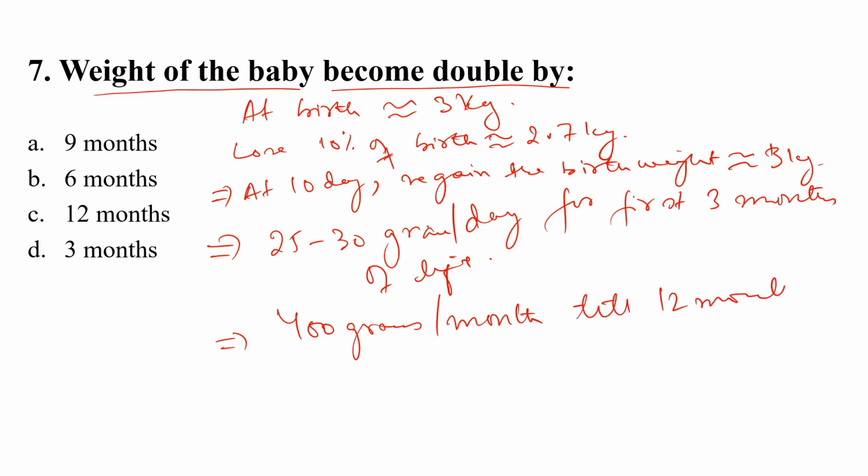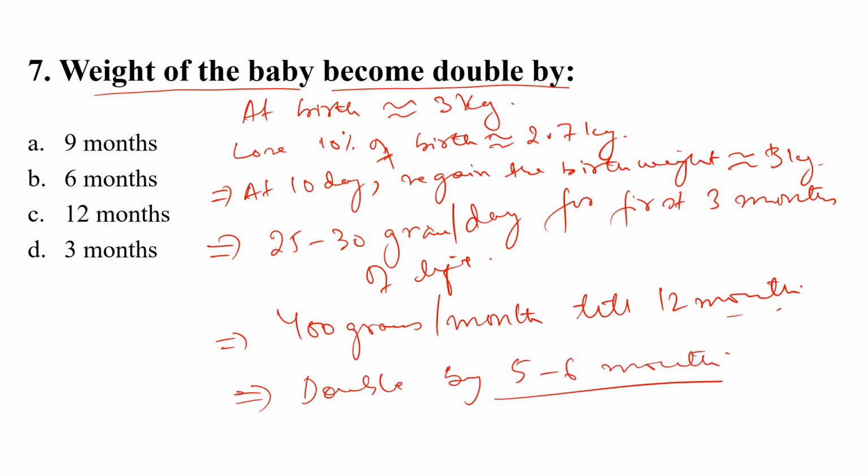The weight becomes double by 5 to 6 months. I wrote 5 to 6 months because some books write 5 months, some write 6 months. And the weight will become triple by 1 year. The correct option here is option B, which is 6 months.